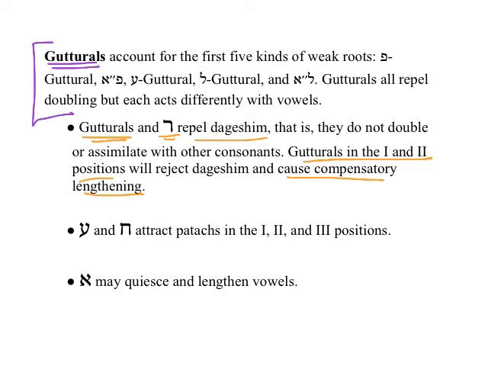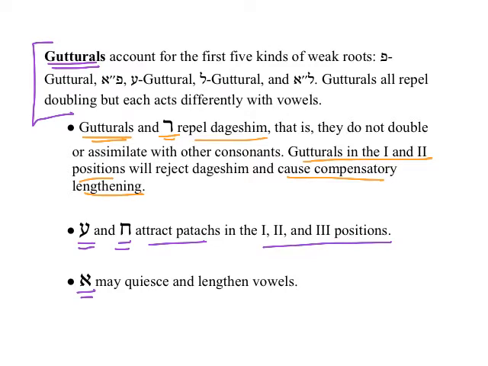In addition, when we think about the ayin letter, or the chet, ayin and chet attract patachs, no matter where they are in a word. So whatever the normal or regular vowel that we would expect in the case of words with ayin or chet, we expect patachs in them. Aleph also has a couple of distinctive characteristics.